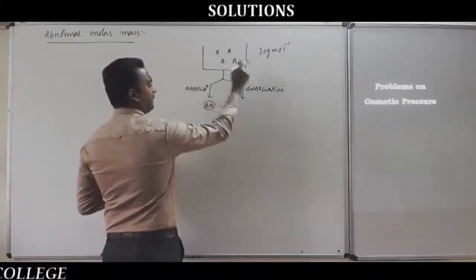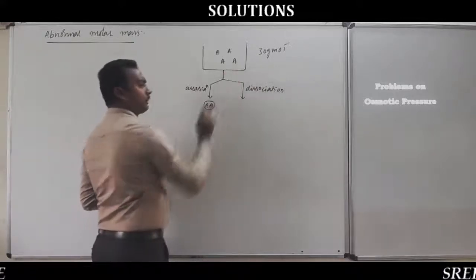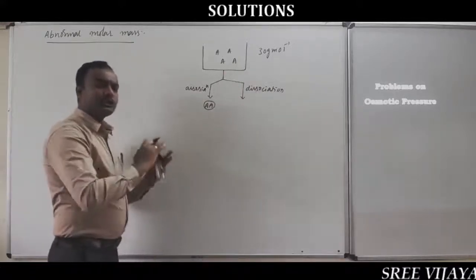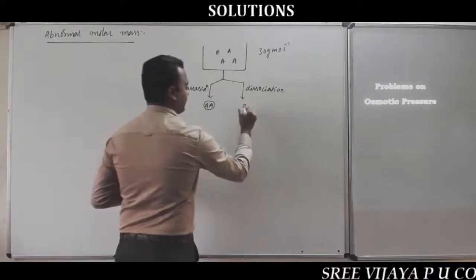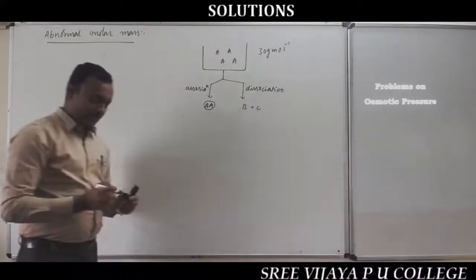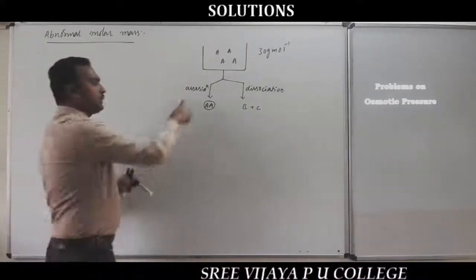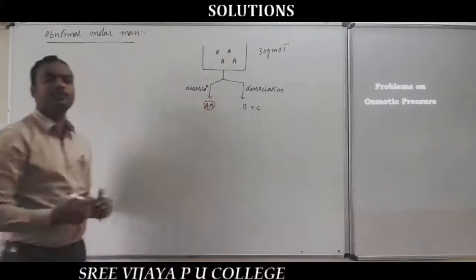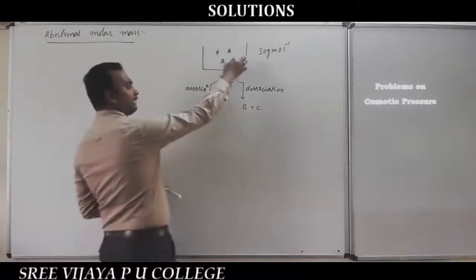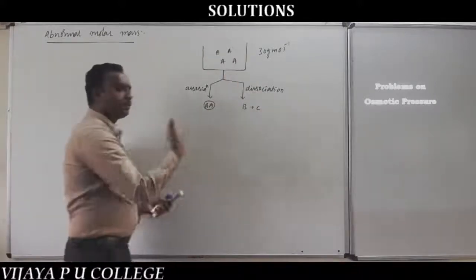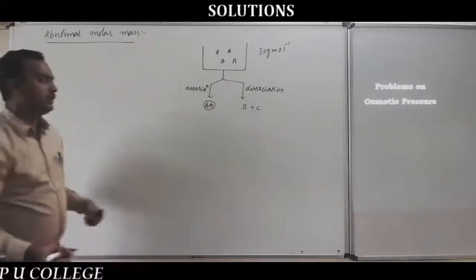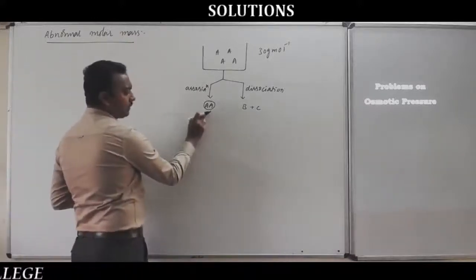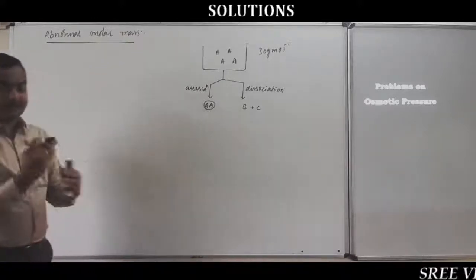Or after dissociation, the solute particle A may dissociate into, let me take, B plus C. So here what happens? Due to association, two molecules or two particles are combined together to form a single particle. And when the particle undergoes dissociation, that gives two more particles, that is B plus C. So what is the molar mass of this particle after dissociation?